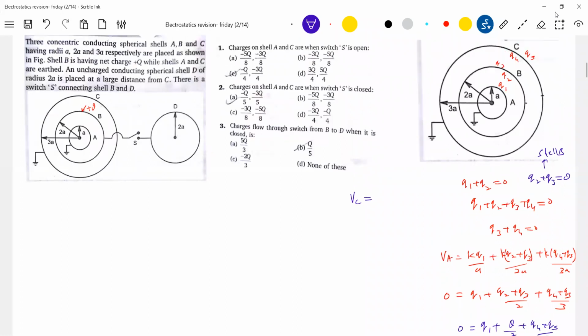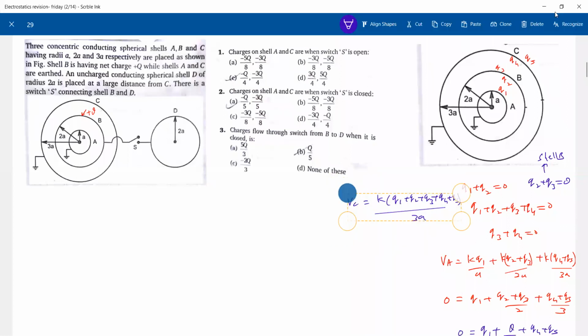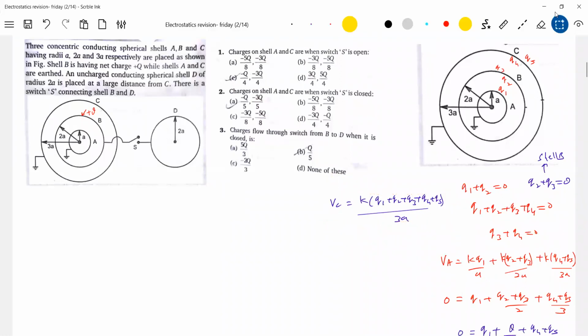Then potential of shell C should be 0 as it is also earthed. So directly, VC should be 0. Therefore, Q1 plus Q2 plus Q3 plus Q4 plus Q5 is equal to 0. I'm taking help of this condition. Everything will become 0 and VC equal to 0.